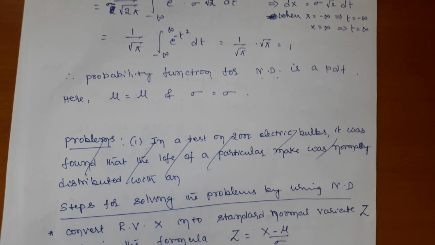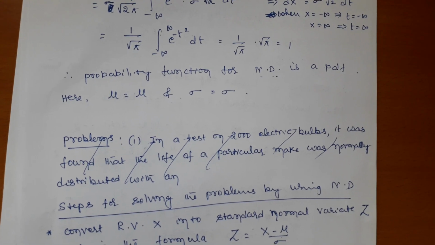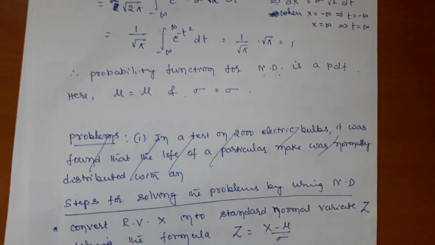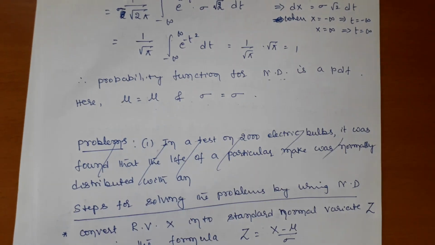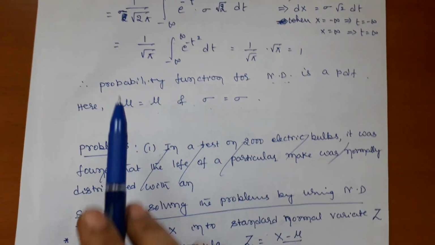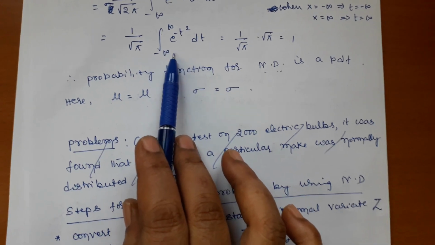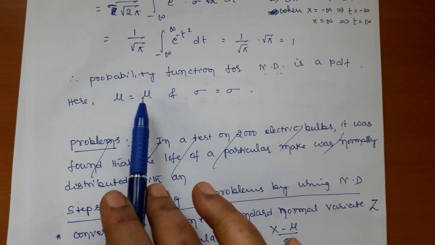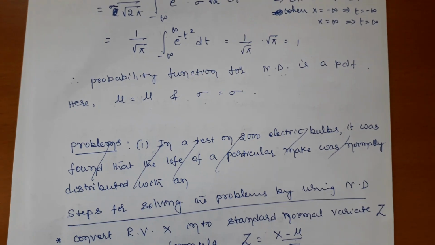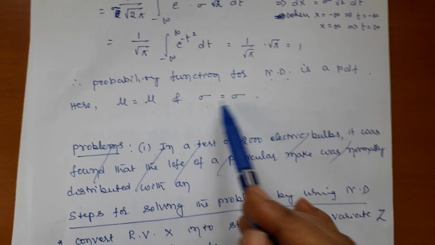Now here we need not derive the mean and standard deviation, as that is not included in your syllabus. I am going to write directly mu is equal to mu, sigma equal to sigma. Even if we derive the mean from the probability distribution function of the normal distribution using the continuous random variable distribution formula, finally we get mu only, and sigma equal to sigma only.